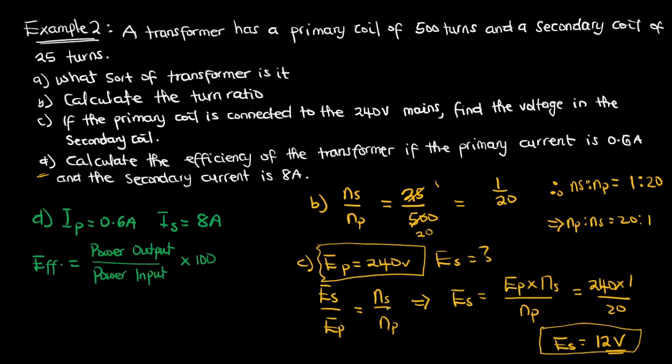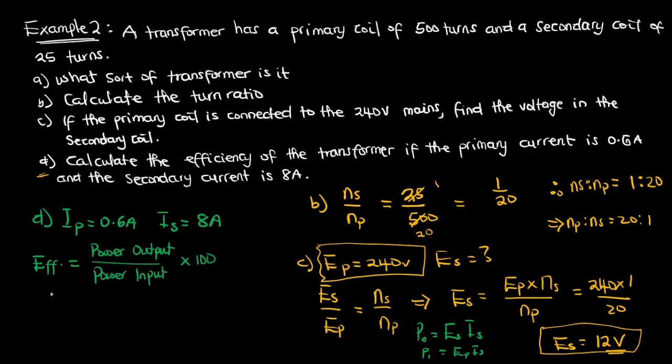Now for power output, P subscript O, it means the power in the secondary coil. So that would be the voltage in the secondary coil multiplied by the current in the secondary coil. Now the power input, which I'll make Pi, is equal to the power in the primary coil. So that would be the potential difference, or EMF, in the primary coil multiplied by the current in the primary coil.